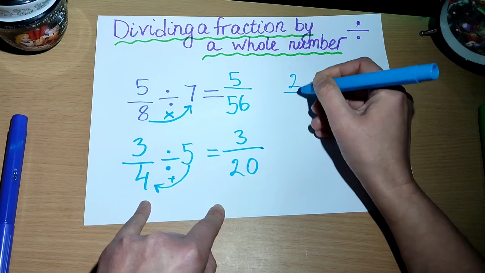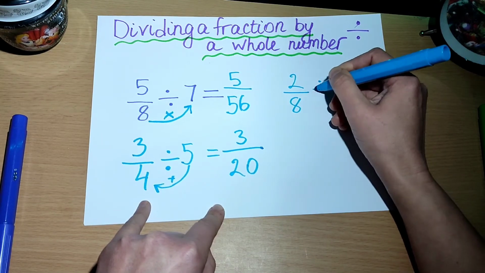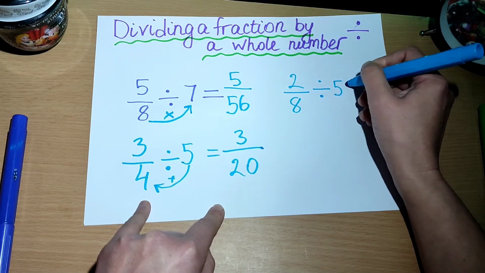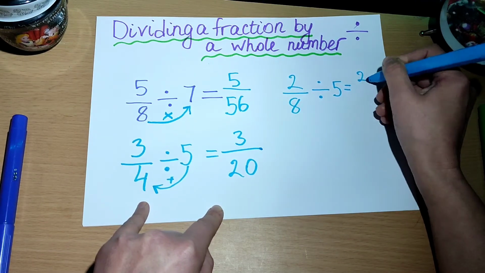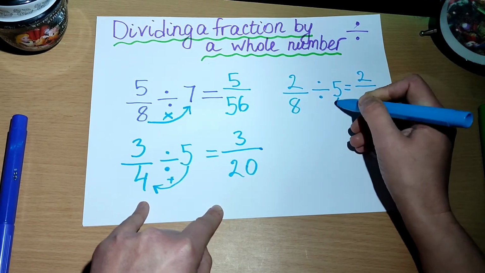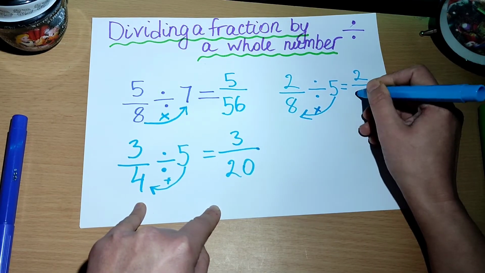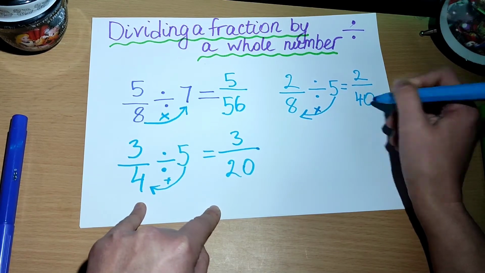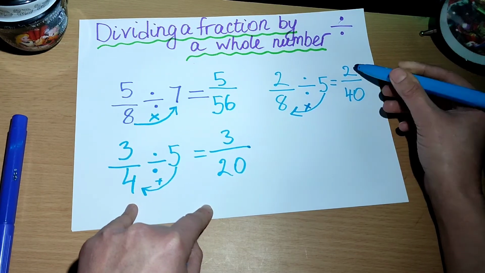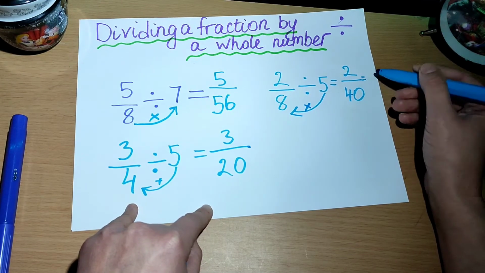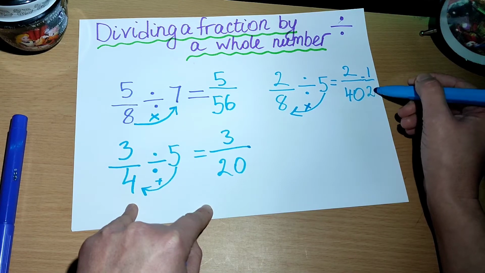Next, 2/8 divided by 5. The numerator stays the same, and we're times-ing the bottom, not dividing, times-ing the bottom. 40th. We can simplify this fraction. Halve it, and it's going to be 1/20th.